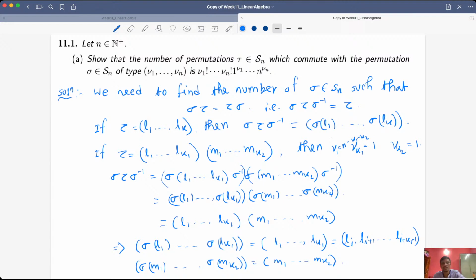So for those nu 1 many elements I can define sigma however I want, and for the other two cycles I have K1 many choices and K2 many choices. If K1 were equal to K2, then I can also switch these two. That gives me the idea of how to determine the number of elements.